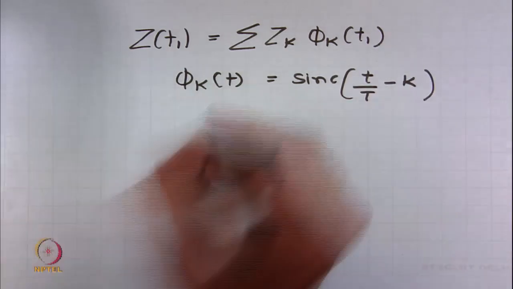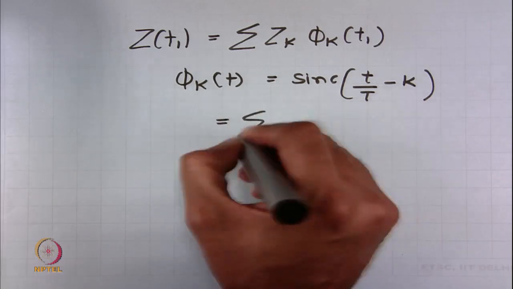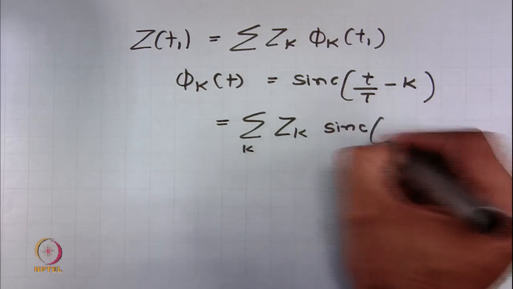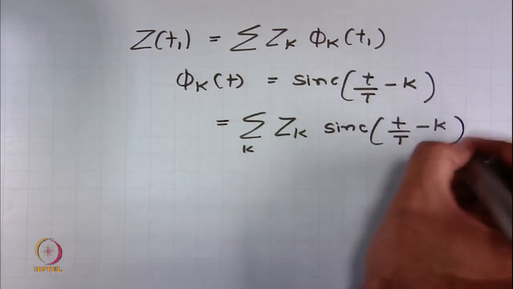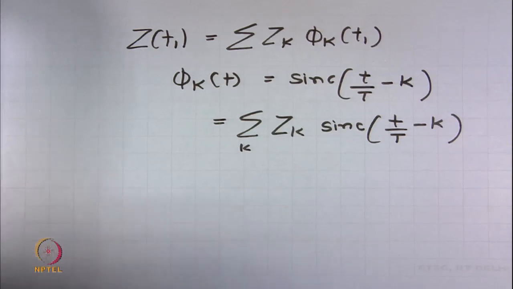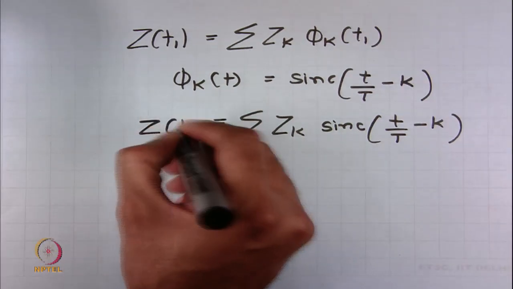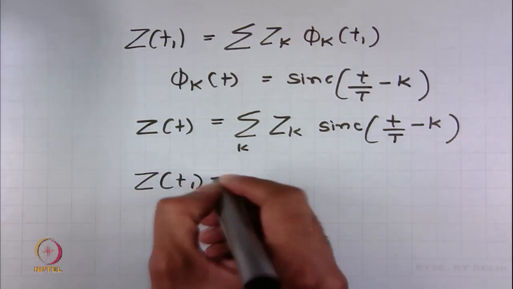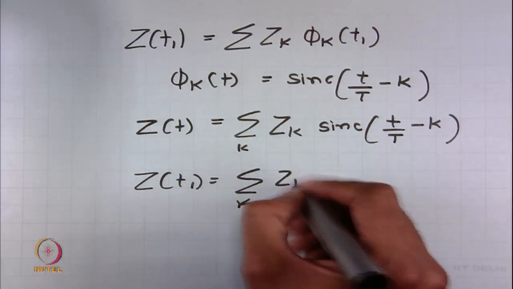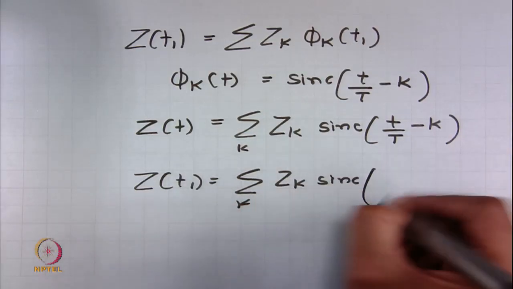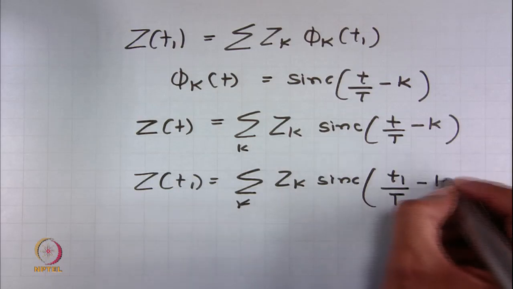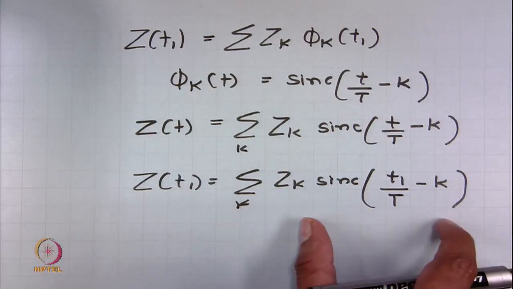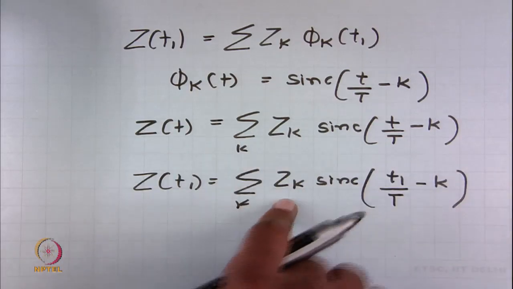So, let us now specify what these orthogonal functions are. The random process then can be written like this, and if we assume a particular instance of t, that is t1, what I get is this expression.